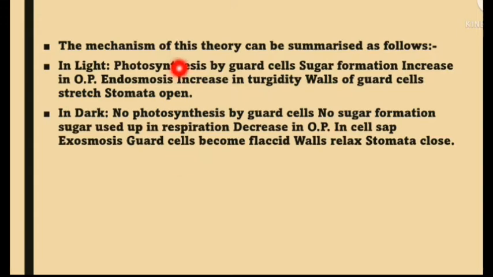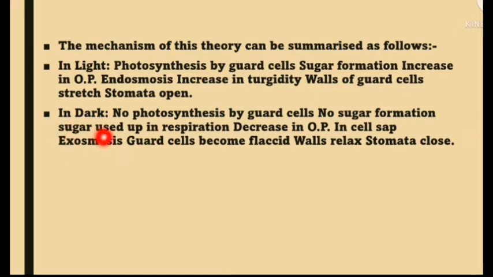The mechanism of this theory can be summarized as follows. In light or during the day, photosynthesis by guard cells takes place. Sugar formation is there, which increases osmotic potential. Now, endosmosis occurs, which increases turgidity. Now, walls of guard cells stretch and stomata open.